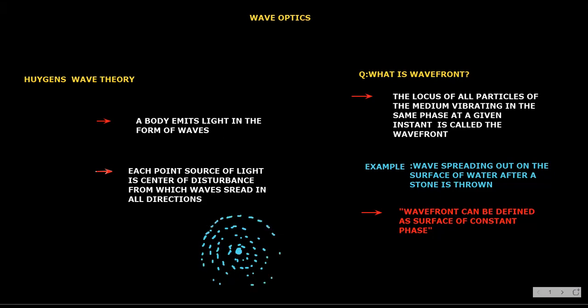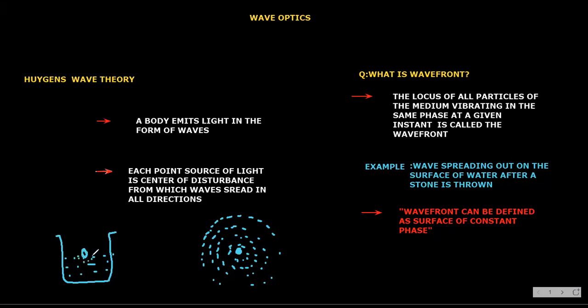Even you can do one thing: take a vessel like this and a water bottle or something like that, and just drop some drops of water or oil or whatever in it.